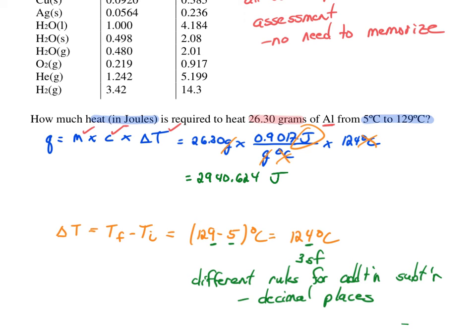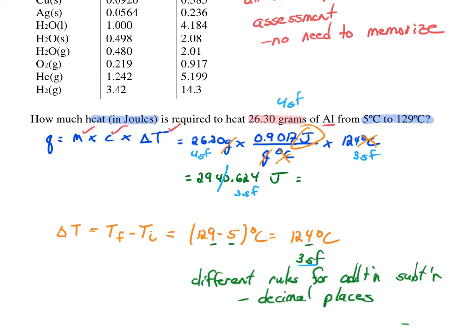Now I'm going to go back and look at my significant figures. You look at all the numbers that go into your result. Remember, we have 3 sig figs for a temperature change, 4 sig figs in our heat capacity, 4 sig figs in our mass, so we're going to be limited to 3 sig figs. So we have to express our answer in scientific notation.